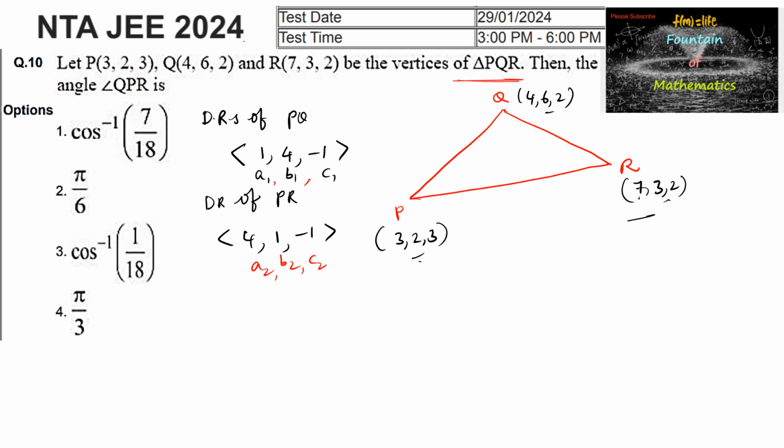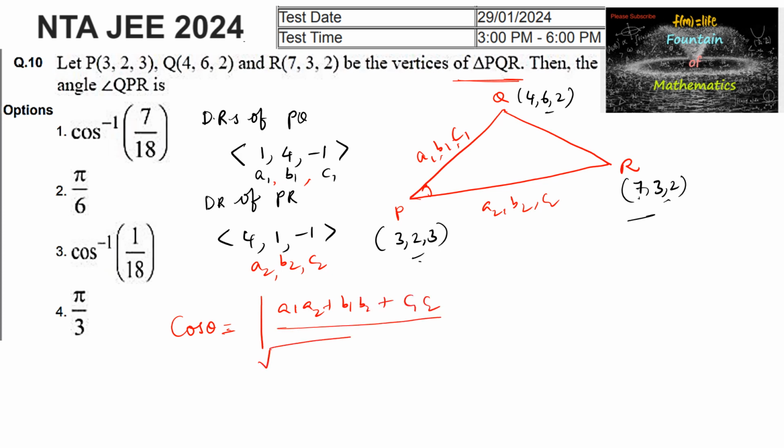If A1, B1, C1 and A2, B2, C2 are the direction ratios of two vectors, then the angle between the two vectors can be taken as cos theta is equal to A1 A2 plus B1 B2 plus C1 C2 upon under root of A1 square plus B1 square plus C1 square, under root of A2 square plus B2 square plus C2 square.